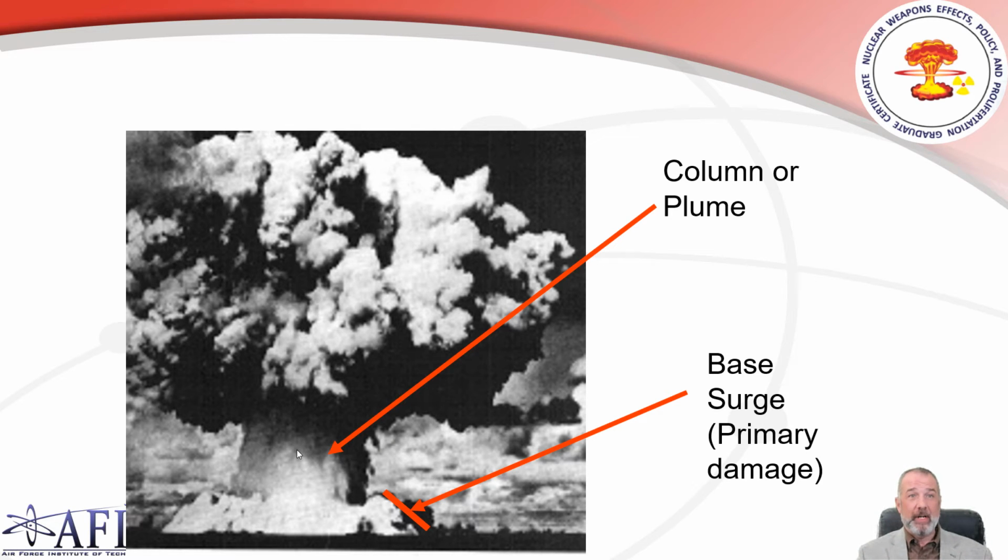Now, this base surge, we're going to look at it in a little more detail and give you some numbers that are associated with it. This base surge is what does the primary damage to any surface ships that might be in the area, because it's essentially like a mini tsunami. So you have something that's possibly 200 feet high, moving at a couple hundred feet per second.